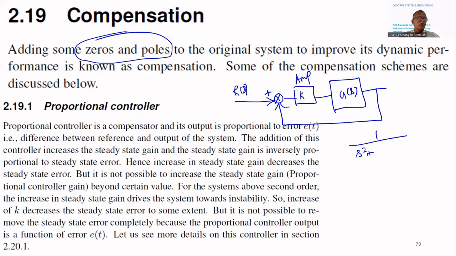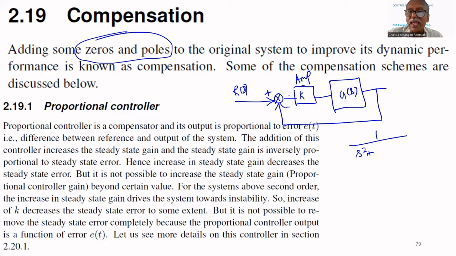Adding some zeros and poles changes dynamic performance. Yes, overshoot is increased, rise time is reduced. Change in TR, change in overshoot, these are all dynamic performance. We can modify the dynamic performance simply by adding poles and zeros.